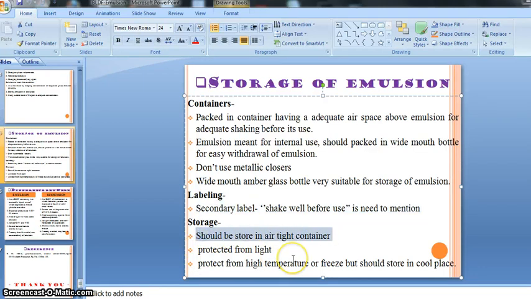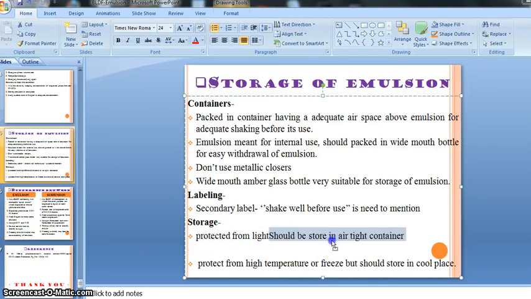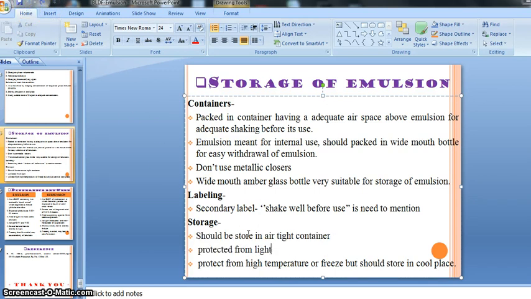After packing, our preparation should not have air inside it. If air is present, oxidation, hydrolysis or other consequences can occur. That's why we avoid the presence of air inside the container and store it airtight, meaning the air present should not go out and no air should go in, right?